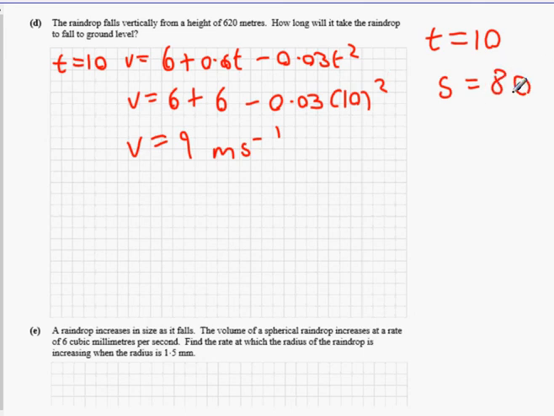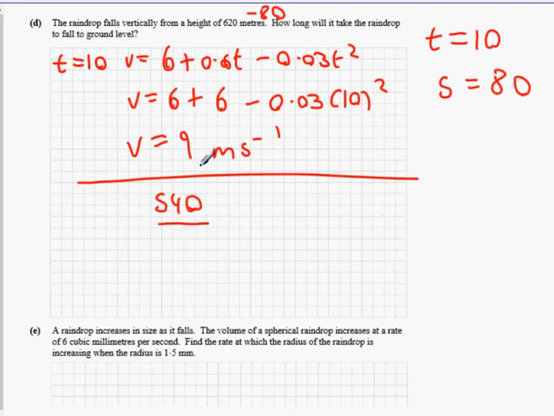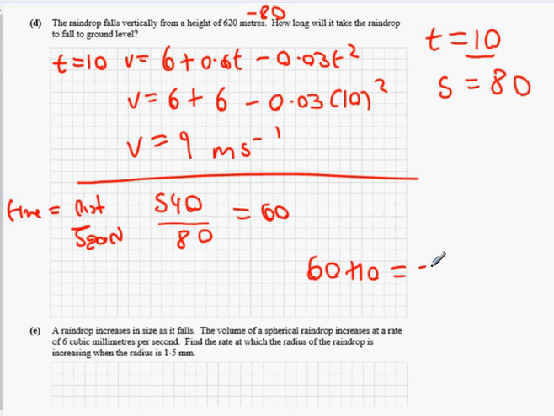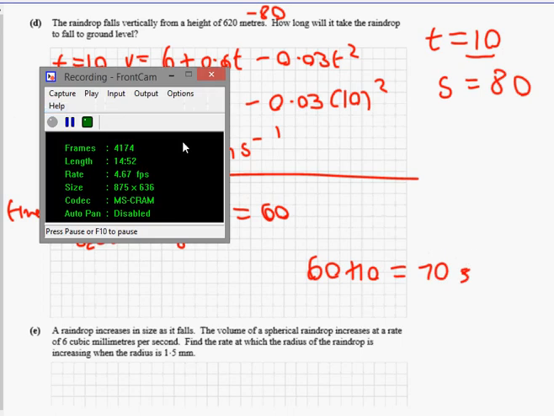Then we have a remaining 620 minus 80, which is 540 meters, and we're covering that at 9 meters per second, because time equals distance over speed, which equals 60, is it? And we have to add on the initial 10. 60 plus 10 equals 70 seconds.